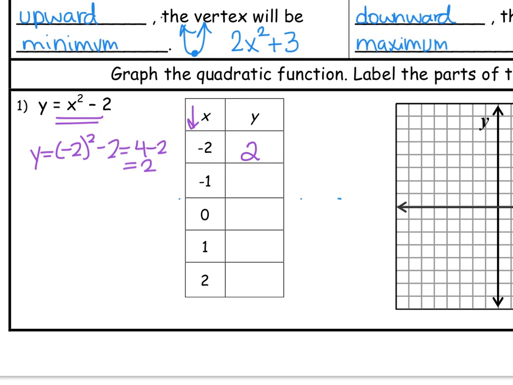We'll do the same thing. -1 squared minus 2 gives us -1. Then 0 squared minus 2 gives us -2.